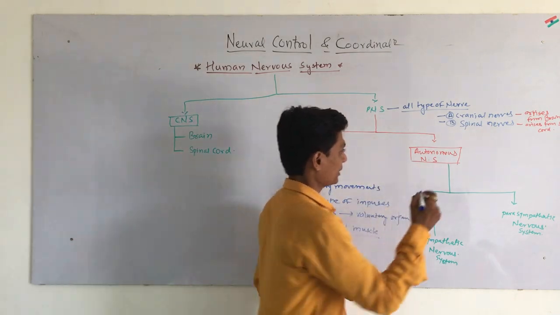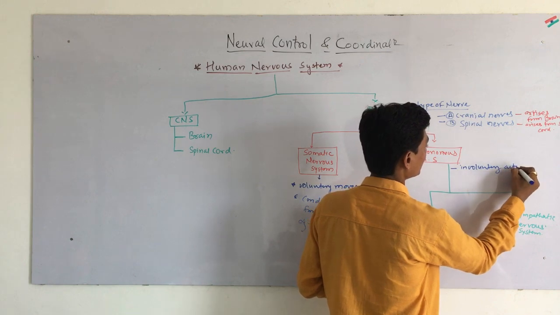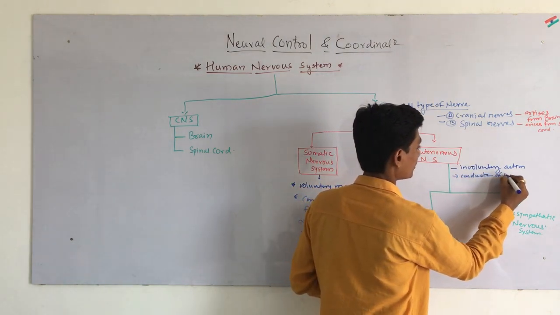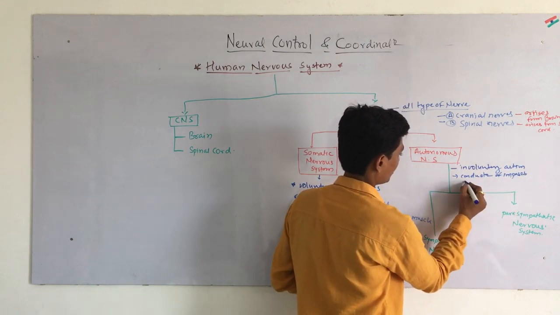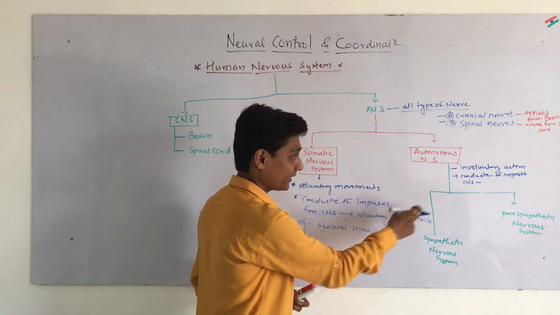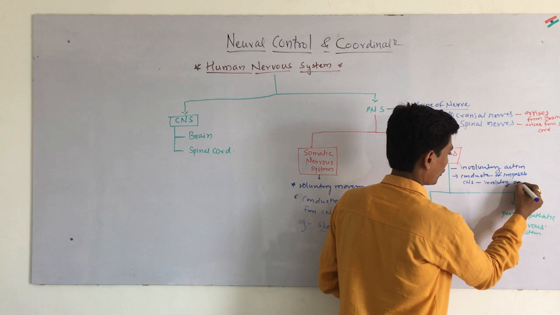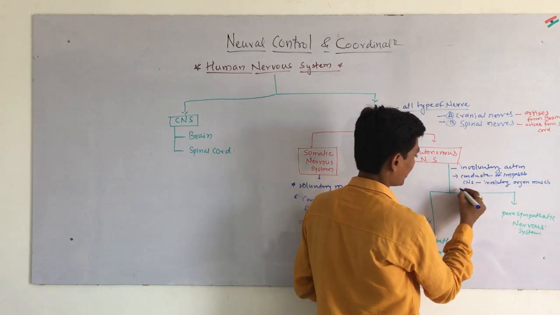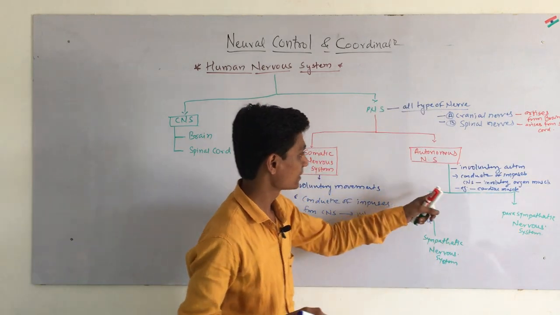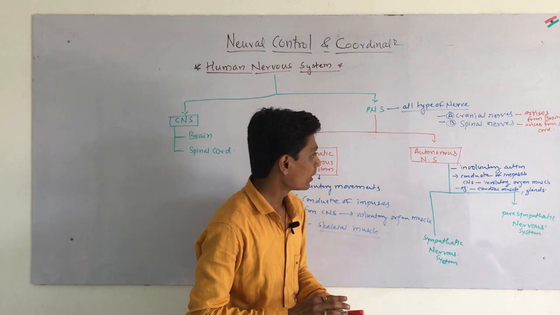In the autonomous nervous system, action or control is on involuntary actions or involuntary organ muscles, meaning conduction of impulses is done from CNS to involuntary organ muscles, for example cardiac muscles, and also glands, from CNS to glands, because these act through involuntary action.